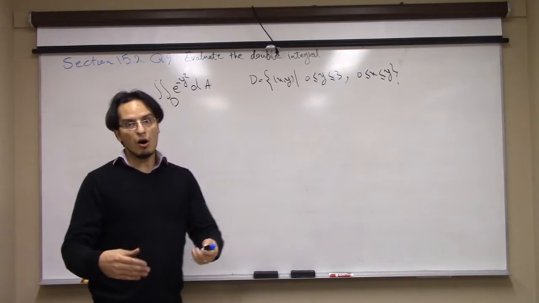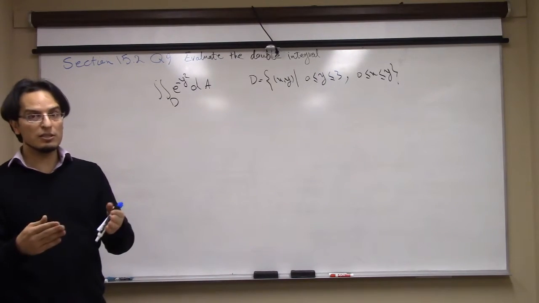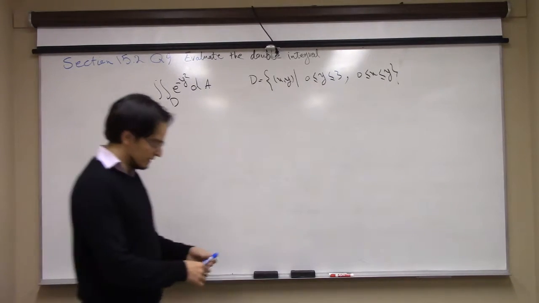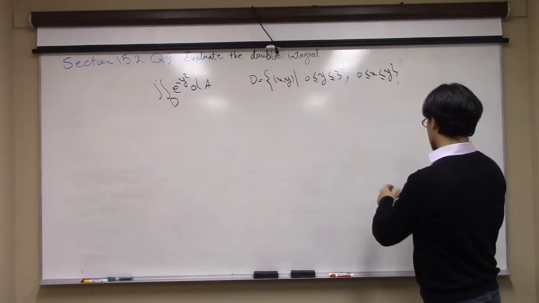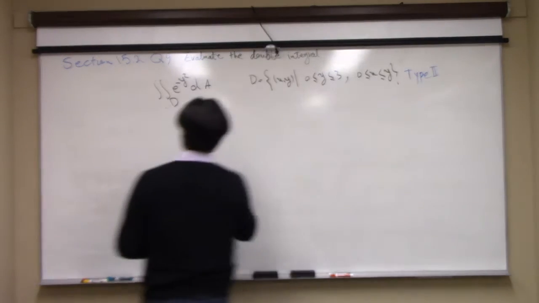As we all know, if you have a double integral, to evaluate it we have to make it an iterated integral. And to make this an iterated integral, the first thing to note is that this is a type 2 region.